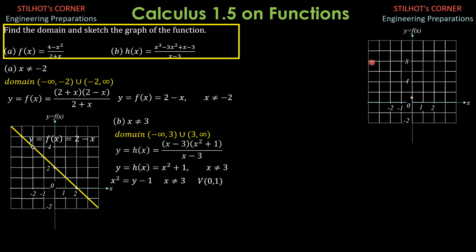Then we have negative 3, comma 10, which is there. And the other one is positive 3, comma 10, but that's an open dot, open point. That's an invisible break, supposedly, which is at 3, comma 10.